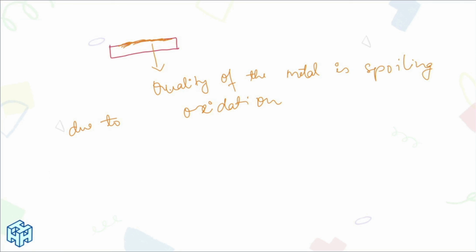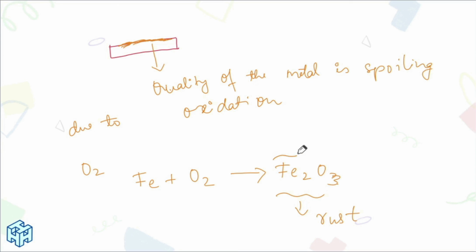When we keep an iron rod in moist air, we have the presence of oxygen. The iron reacts with oxygen and gives rise to ferric oxide, Fe2O3. This is called rust.